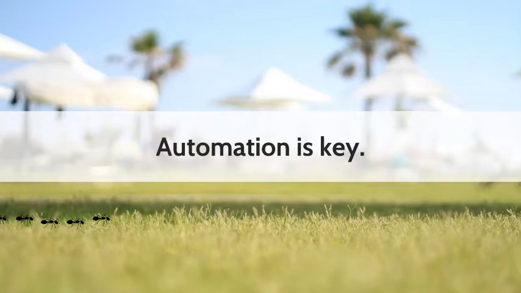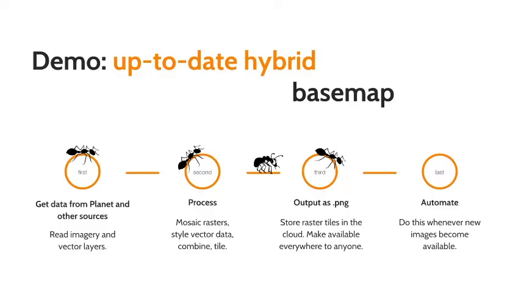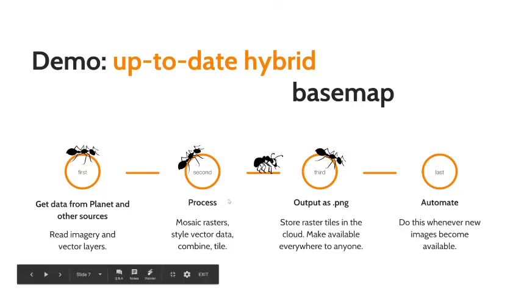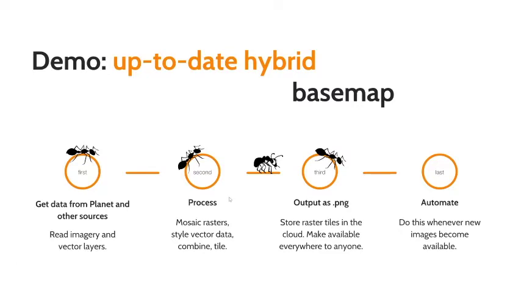And FME is really great for automating these processes, which I hope to illustrate today. So, we come to our first demo. We will show how we make a daily update for a hybrid map, which combines Planet imagery and some vector information.